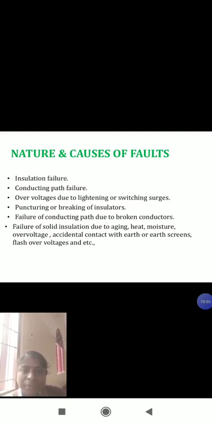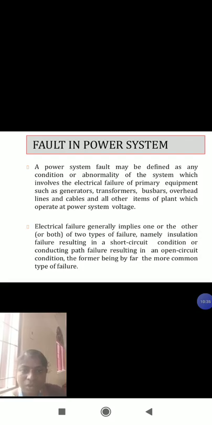Insulation failure, conducting path failure, overvoltages due to lightning or switching surges, breaking or puncturing of insulators, failure of conducting path due to broken conductors, failure of solid insulation due to aging, heat, moisture, overvoltage, and accidental contact with the earth or earth screens, flashover voltages, and so on.